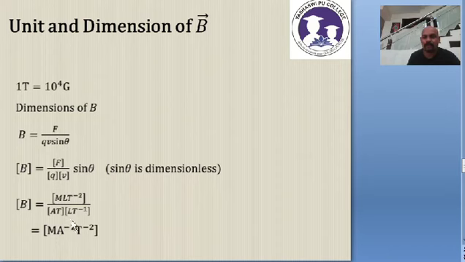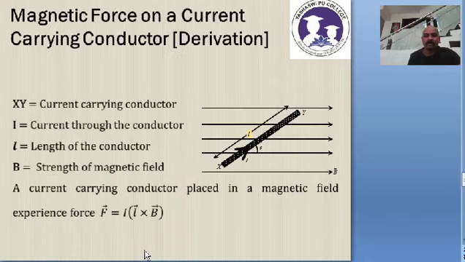Therefore, L and L cancel, and T and T to the power minus 1 in the denominator cancel, so it is MA to the power minus 1 T to the power minus 2. These are the dimensions of the magnetic field. Remember, magnetic field is a vector quantity. It has both magnitude and direction.